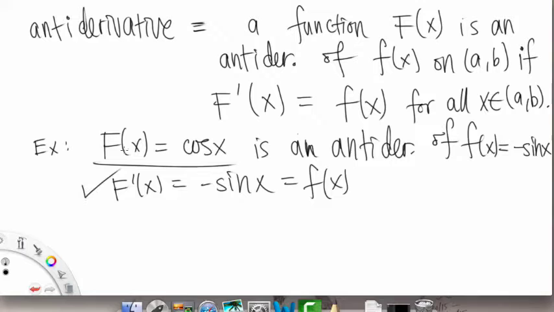So that's what an antiderivative is, and they aren't unique, meaning there isn't only one solution.